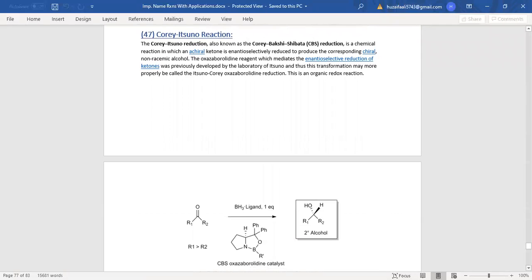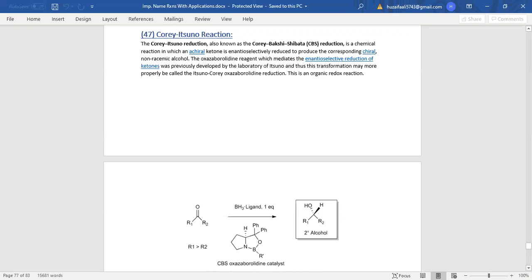Corey-Itsuno reaction. The Corey-Itsuno reduction, also known as the Corey-Bakshi-Shibata reduction, is a chemical reaction in which an achiral ketone is enantioselectively reduced to produce the corresponding chiral non-racemic alcohol.